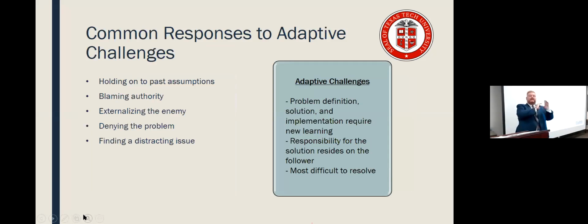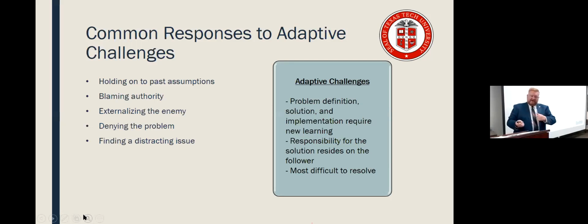So they blame the problems on someone else, another group, another organization, when in fact, it may be something that's going on within your organization related to policies, related to laws, those sort of things, those traditions that we talked about earlier. Sometimes people just deny the problems. And when you deny the problems, they tend to get worse over time.